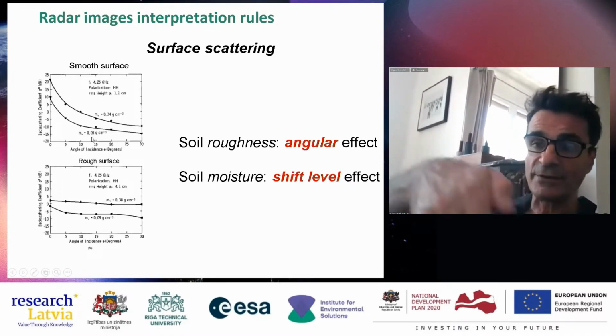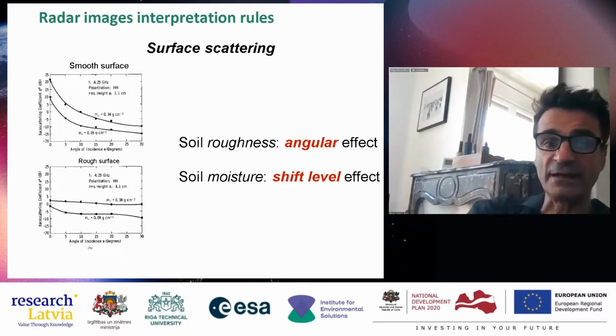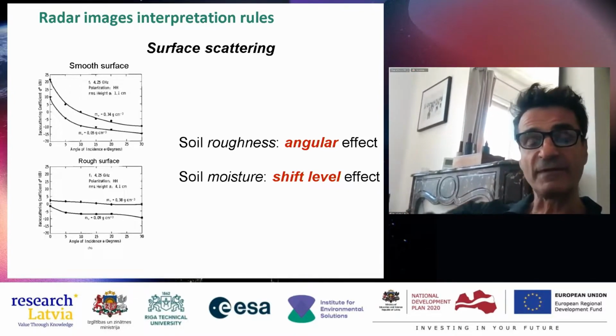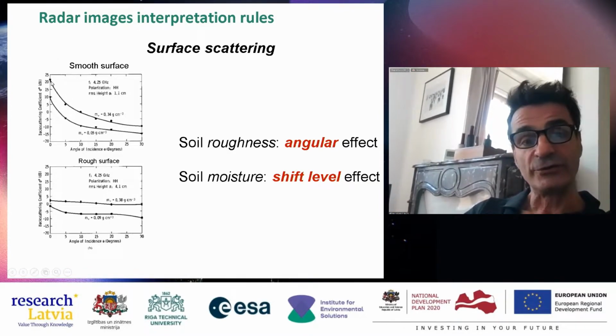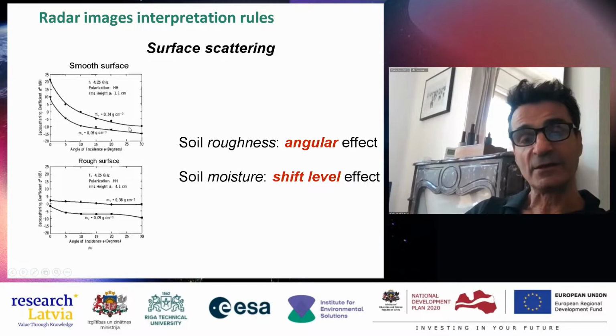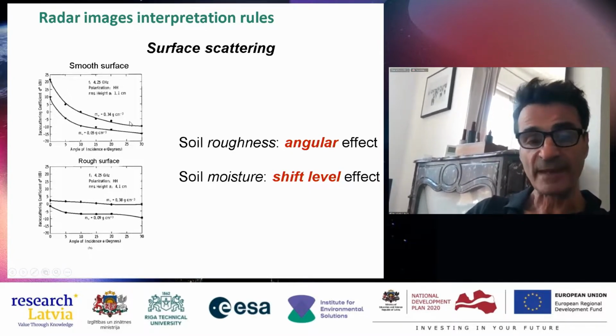And then when you look with a higher incidence angle, if the surface is smooth, everything goes in the specular direction. And so you have a decrease of the signal very quickly with the incidence angle.